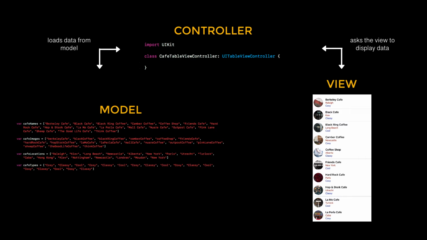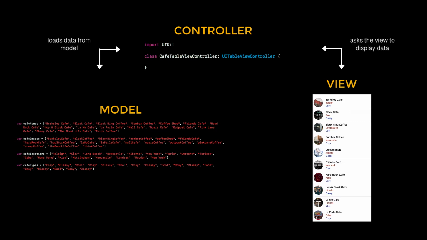To help you better understand MVC, let's use the Cafegram app as an example, okay? The app displays a list of cafes in the table view. If you turn the implementation into a visual illustration, here is how the table data is displayed, okay?